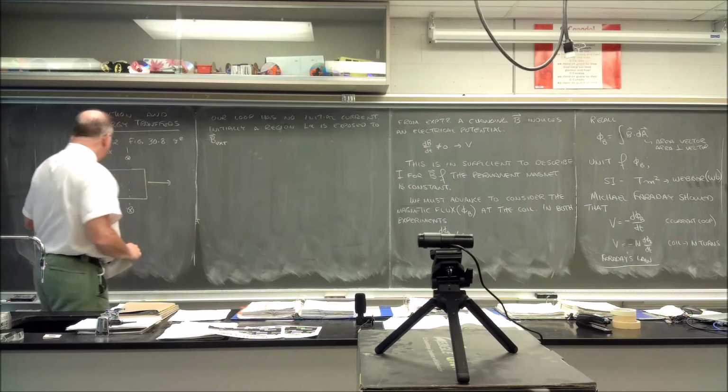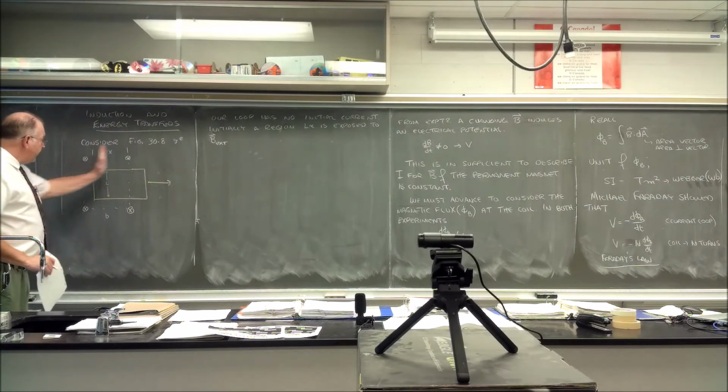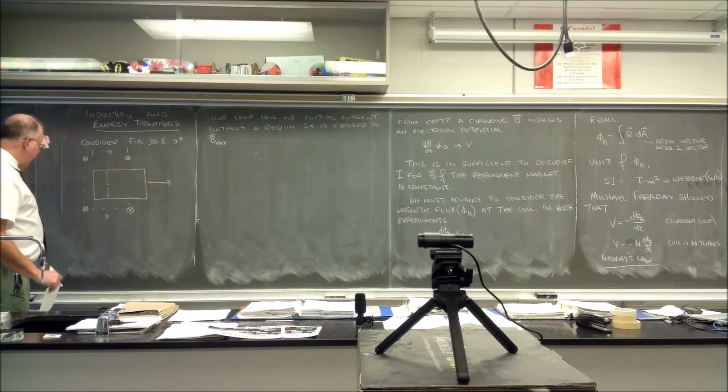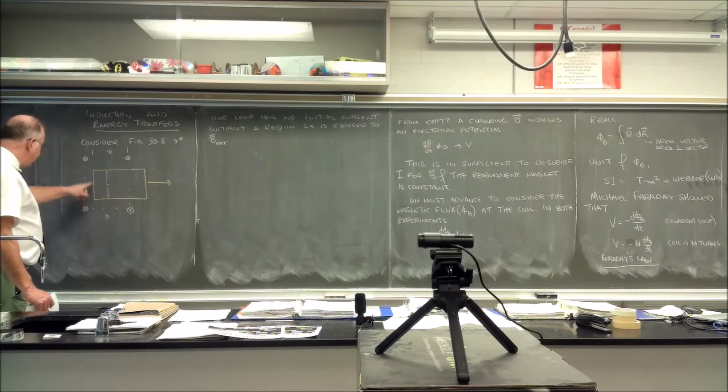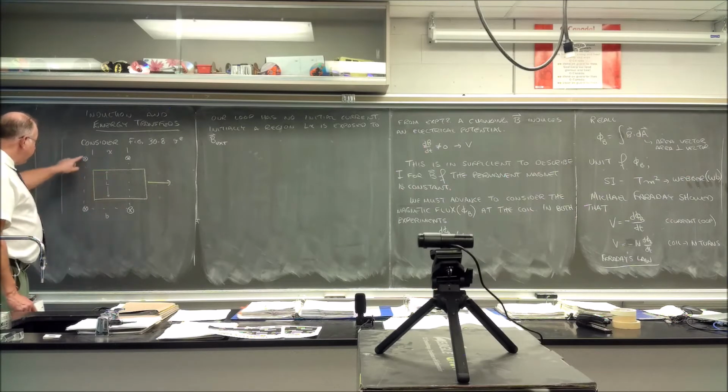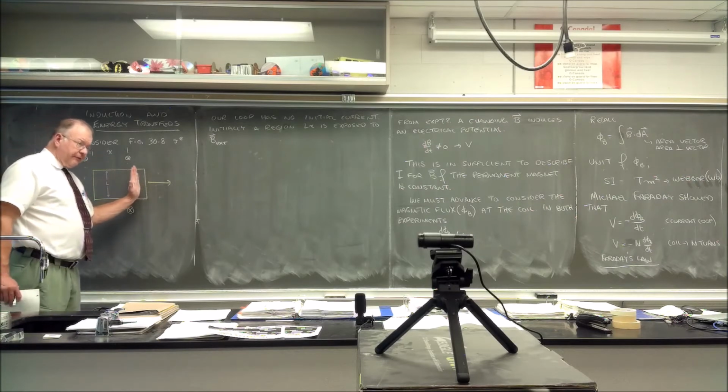Okay, it's pretty straightforward. We've got an X width, an L length, height, whatever, and that area then here is Lx, and that's within the bounds of the field. So this part of the coil is outside the field, is not affected.